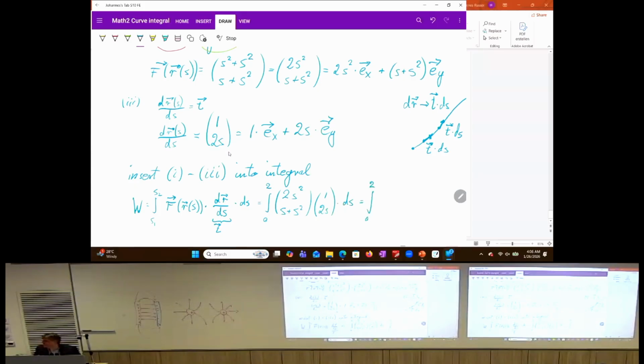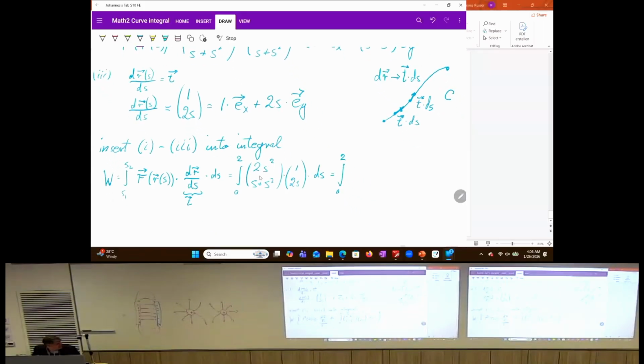So what comes in here? If I take the inner product of these 2 vectors, what do you find? Okay, it's 2s squared times 1 plus s squared times 2s, which gives you 2s squared plus 2s to the power of 3.